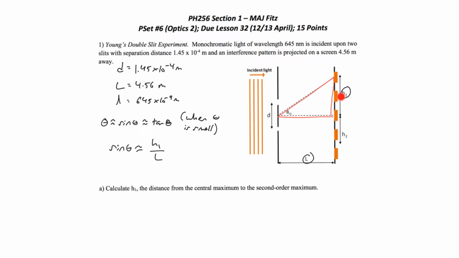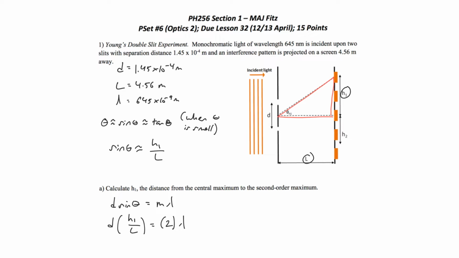So this is the central, this is the first order, this is the second order, and so we want to use d sine theta equals m lambda. And then using the small angle approximation, d times h1 over L equals 2 times lambda. And we choose m equals 2 because we're looking at the second order maximum, or this one.